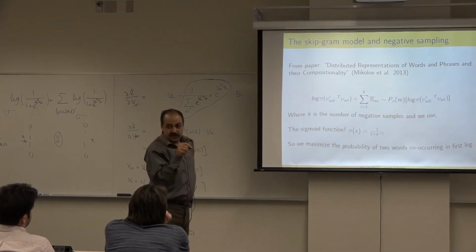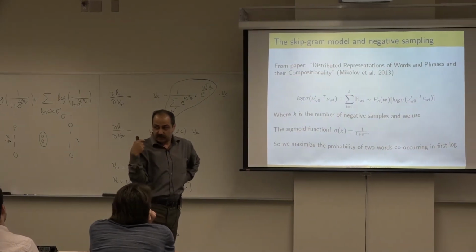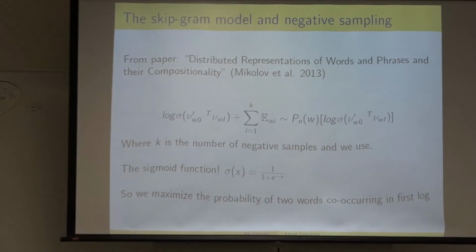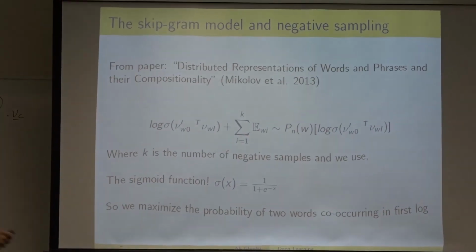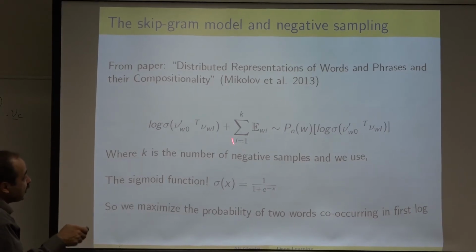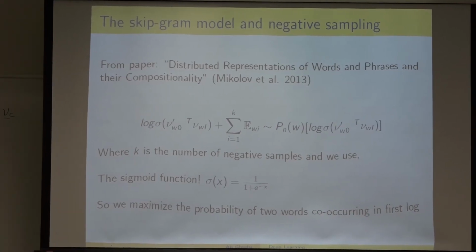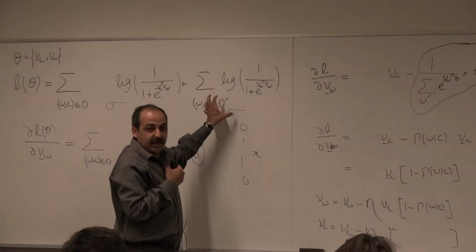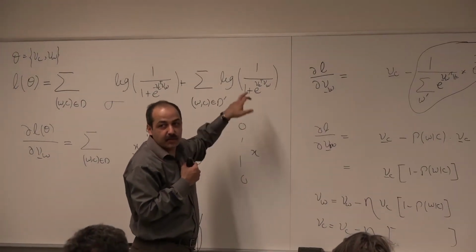One of the other differences in their objective function from what I did here, because they don't explain it, it's the logistic regression, they explain it intuitively, is that for every single word, they have a summation of k words which are not in the corpus. So they do it for one pair. The first pair is this term plus k words that are not in the corpus.